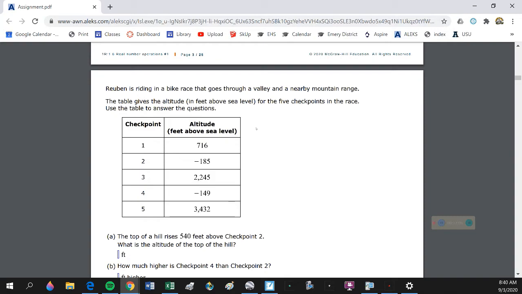Okay. So how would you figure this out? If checkpoint 2 is 185 feet below sea level, and the top of the hill is 540 feet above that, what is the altitude of the top of the hill? Do you see what it's asking?